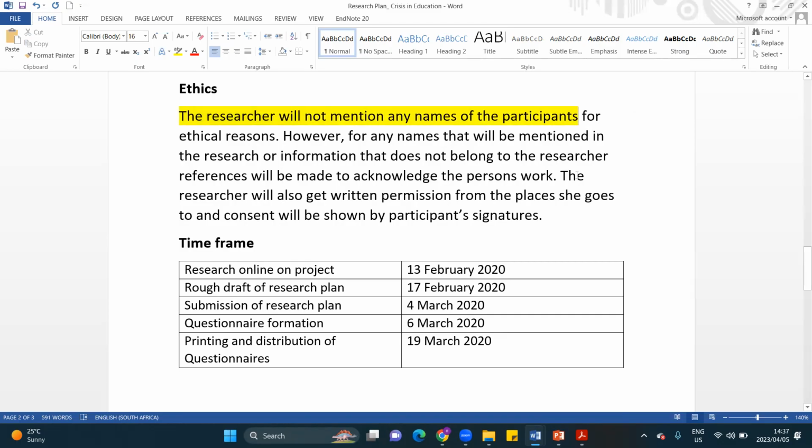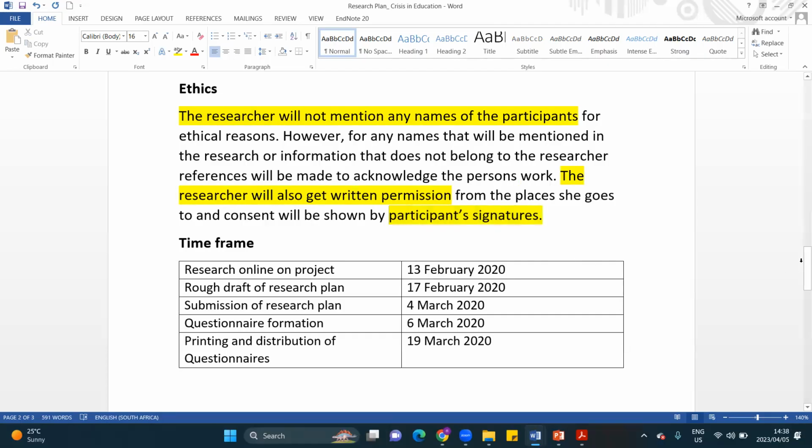No names will be mentioned. What else? There's the written permission that we were looking for. Remember that one? Consent. It is stated. And then also the participant signature. So now the learner is covered.